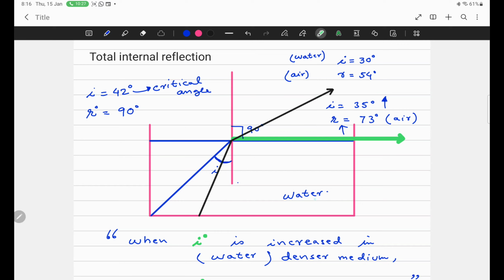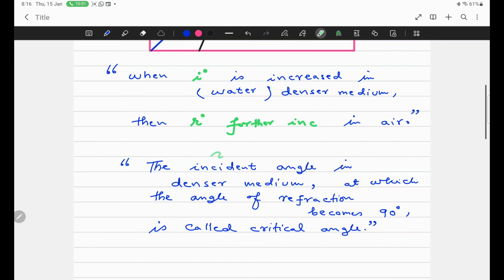When you are increasing angle I, angle R is further increasing. The incident angle in the denser medium when the angle of refraction becomes 90 degrees is called the critical angle.